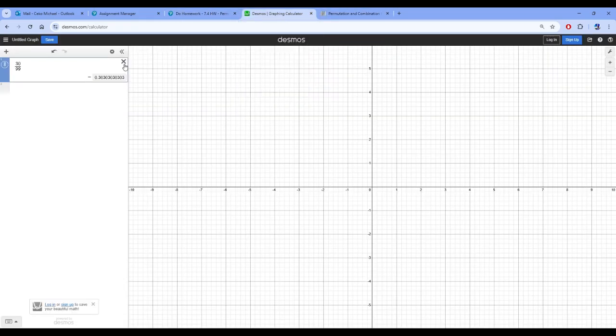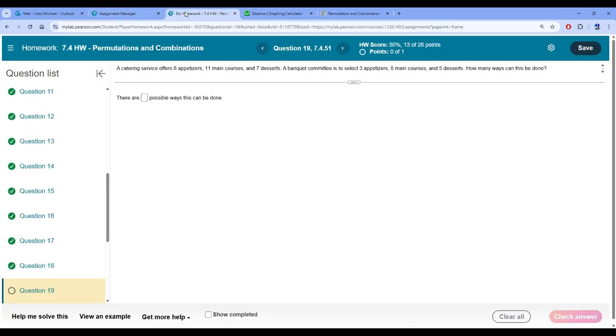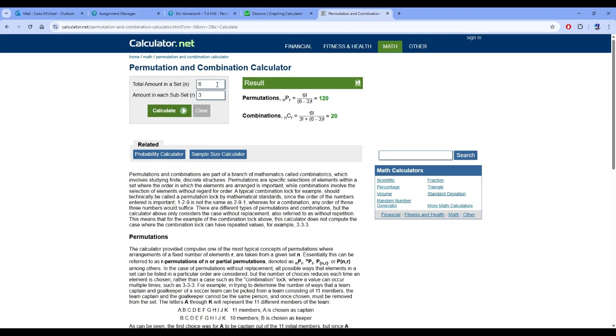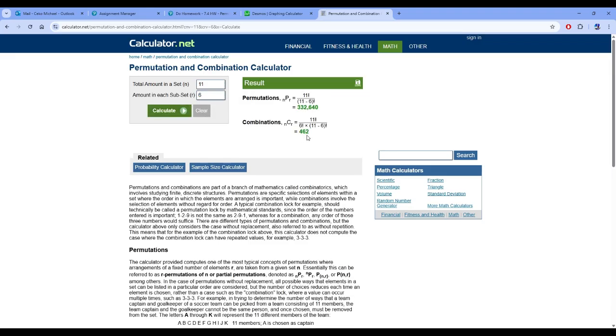I'm going to clear that, clear this, and let's just write that there are 20 ways here. Back to this problem. So I have 11 courses. I get to pick 6. So that would be 11 pick 6, which is 462.